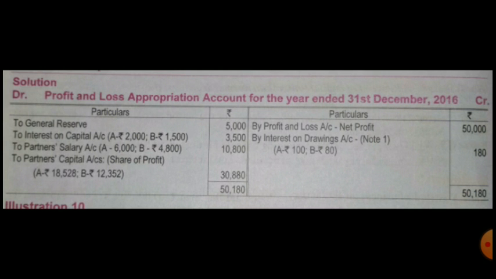At first, general reserve is written in the debit side. Transfer to the general reserve is considered appropriation of profits because it is not an expenditure or an expense.